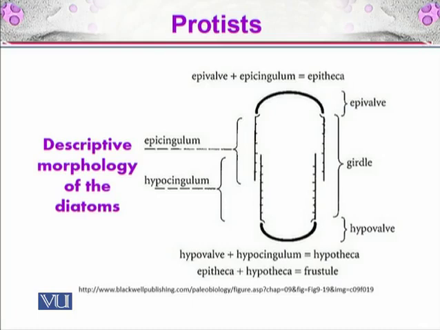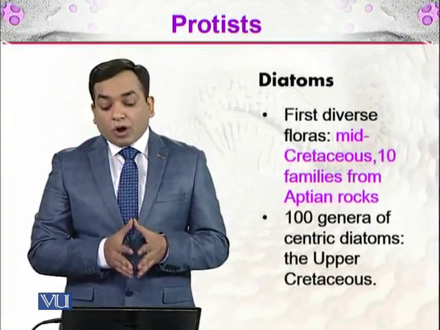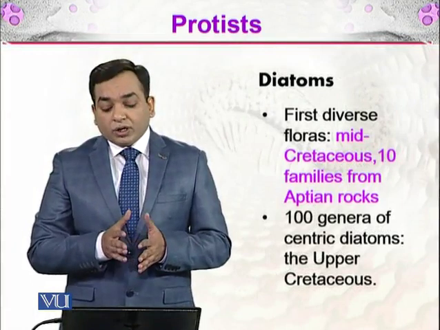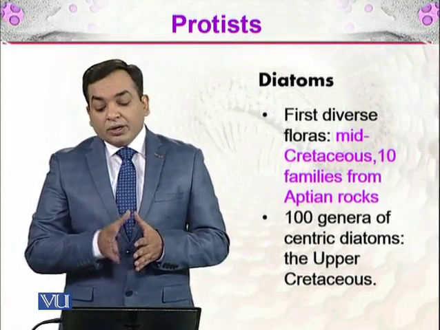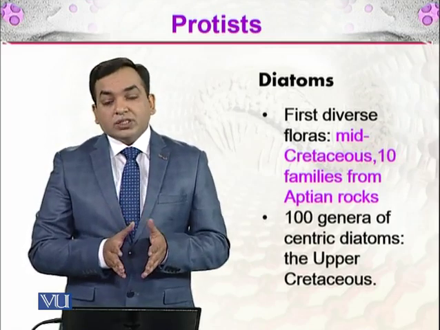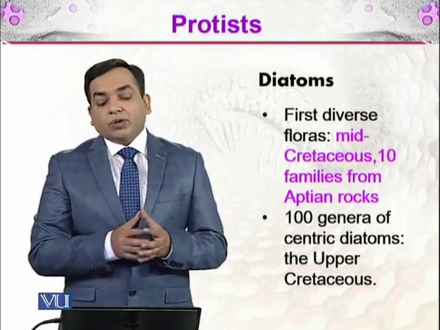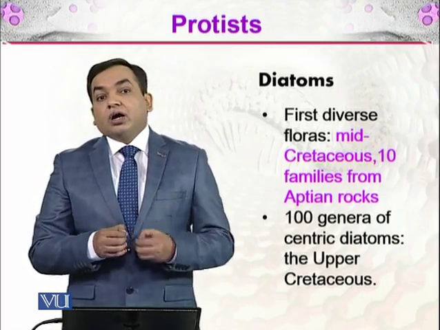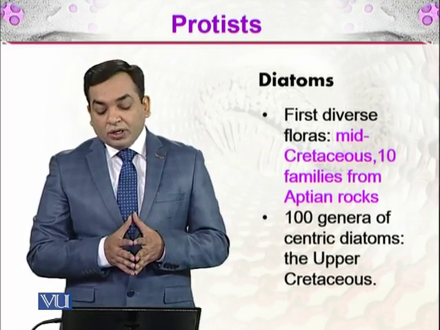So we'll see the next thing, which is diatoms. When was the first diverse flora of diatoms made? The first diverse flora of the diatoms was made during the mid-Cretaceous, and we can see 10 families from the Aptian rocks. Aptian rocks are the regions where these diatom fossils have been collected.